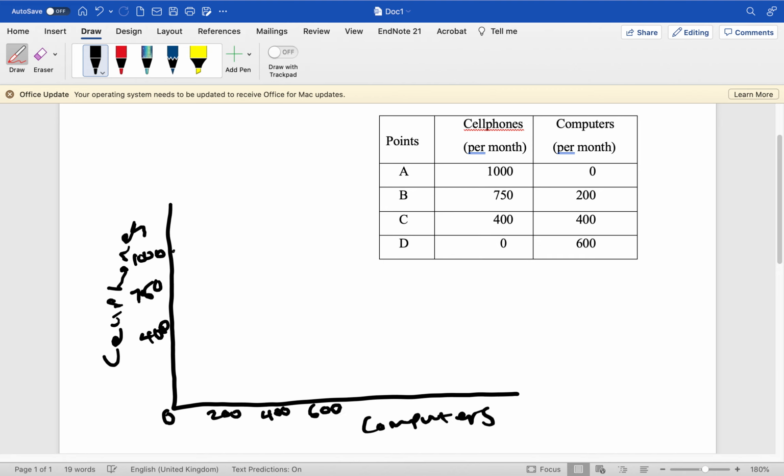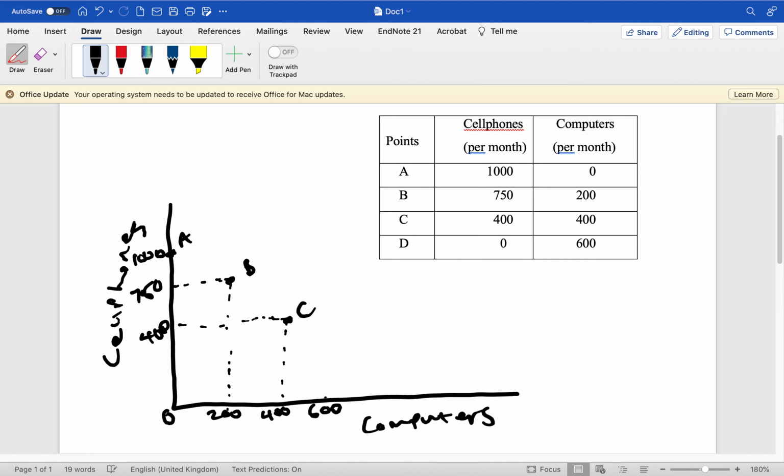So point A will be here, where we are producing 1,000 cell phones and 0 units of computers. That is point A. And point B will be 750 cell phones versus 200 units of computers. That is point B. And point C, 400 cell phones and 400 computers.